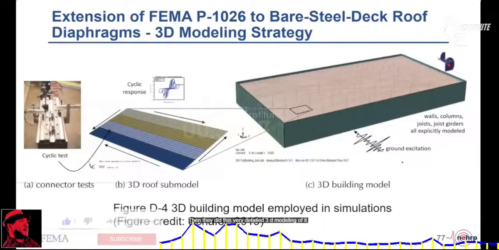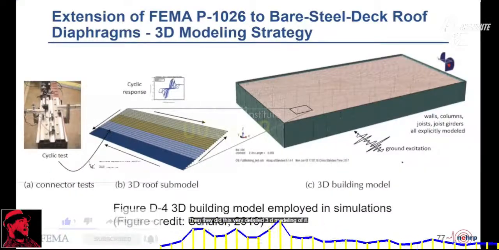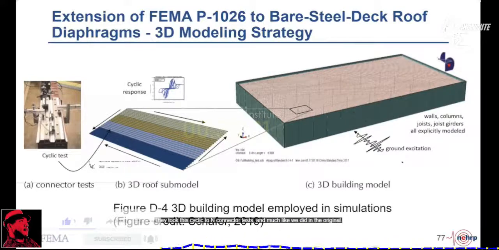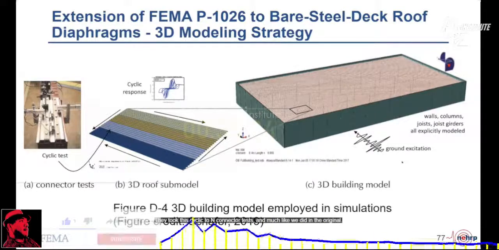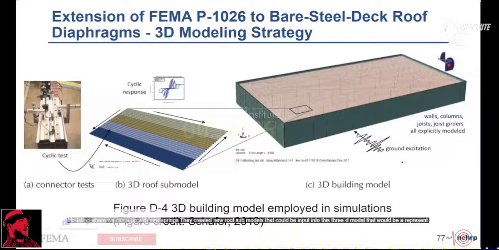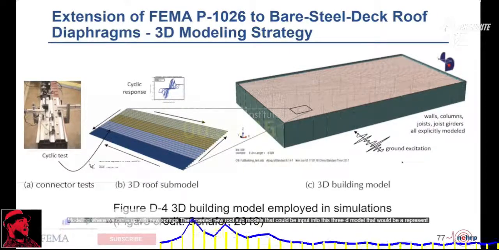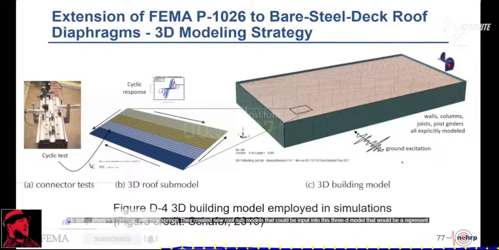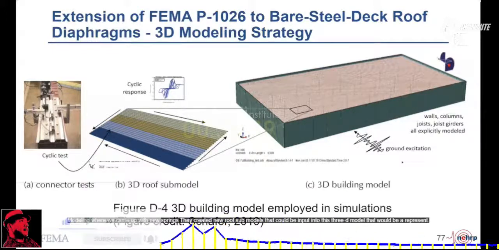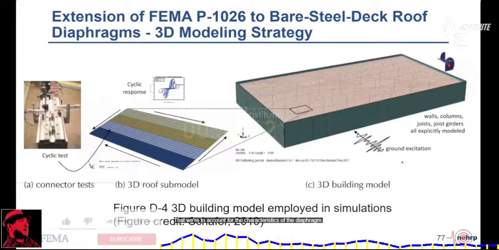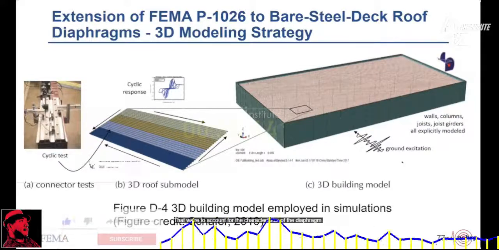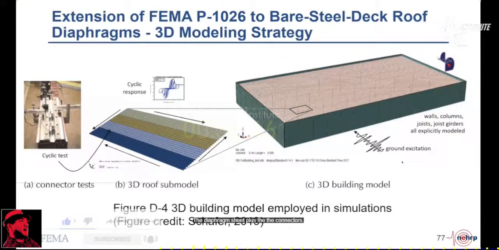Then they did this very detailed 3D modeling of it. They took the cyclic connector tests, and much like we did in the original modeling where we came up with new springs, they created new roof submodels that could be input into this 3D model that would account for the characteristics of the diaphragm sheet plus the connectors.